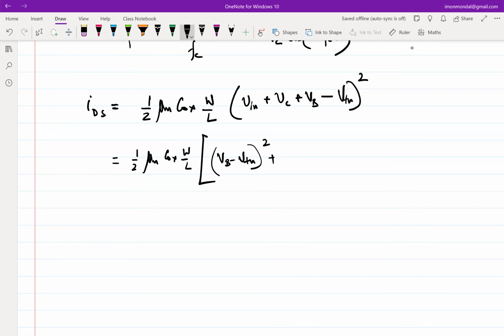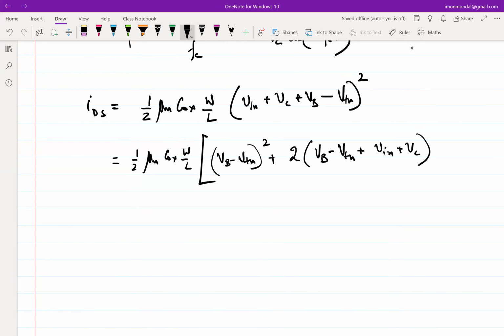plus I get another term which contributes to the linear part of the incremental current, that is 2 times VB minus VTH times V in plus VC, right?